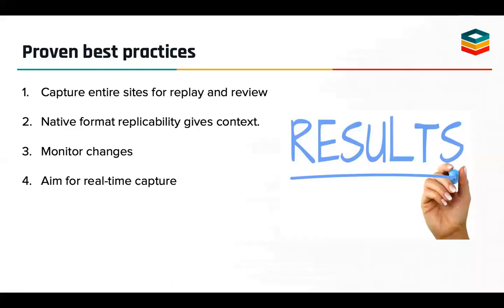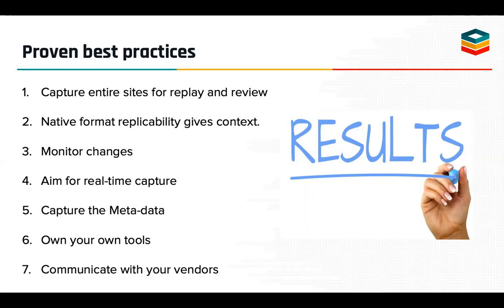And aim for real-time capture because the changes happen fast and often. And capture the metadata. Prove the veracity and the value of the data you're capturing by putting metadata on everything. Again, own your tools, own your data so that you can keep it portable. And then lastly, communicate with your vendors.